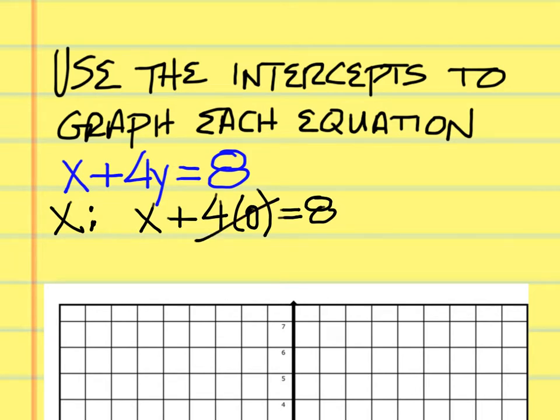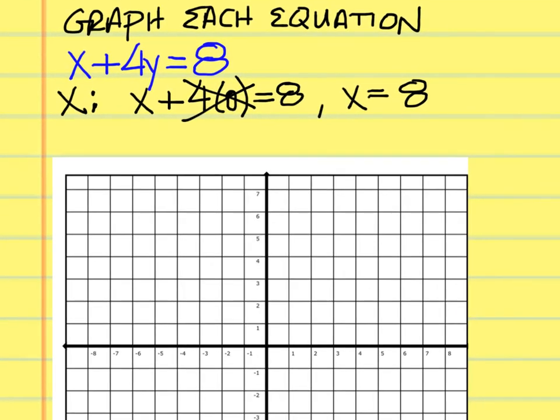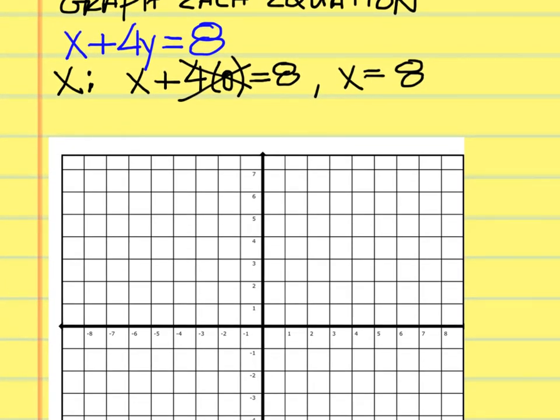Notice what happens here. It cancels out, and you're left with x equals 8. So find 8 on the x-axis and make a dot. And then go back and find the y-intercept. To find the y-intercept, you plug a 0 in for x.